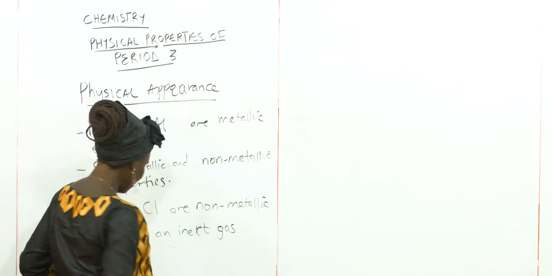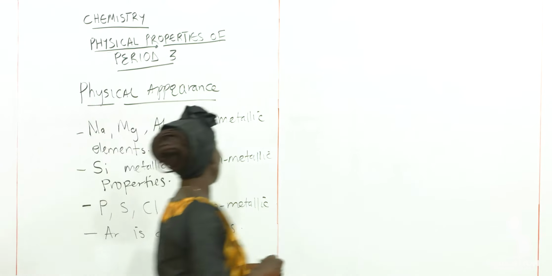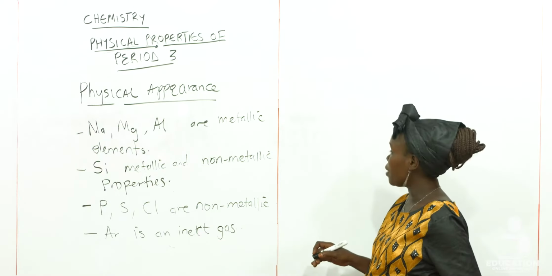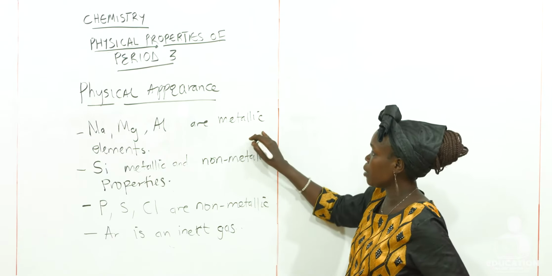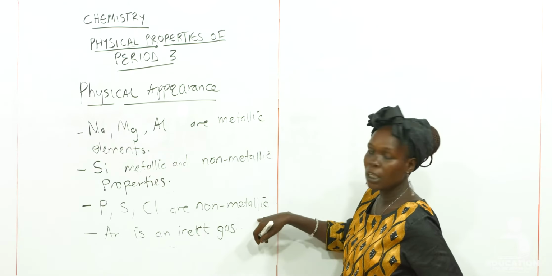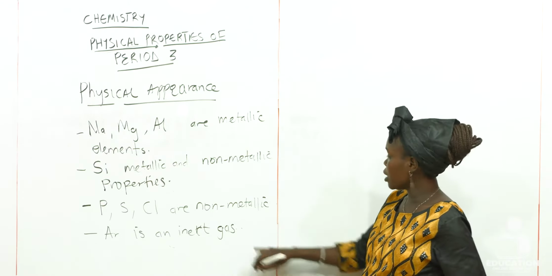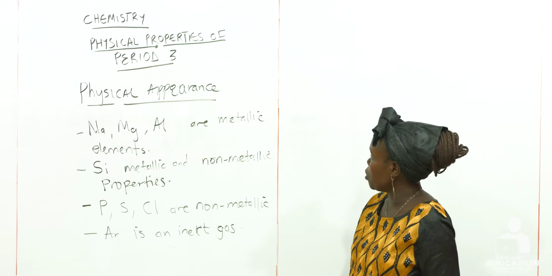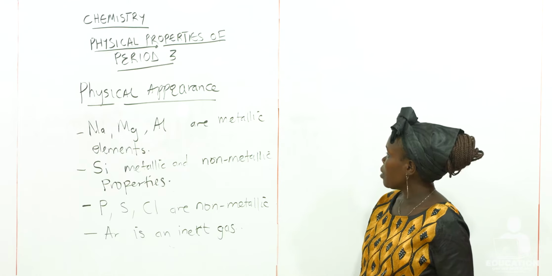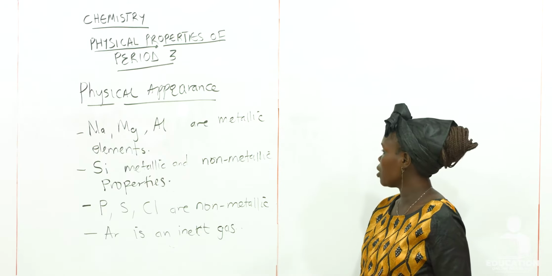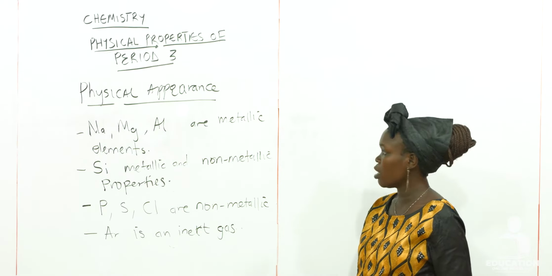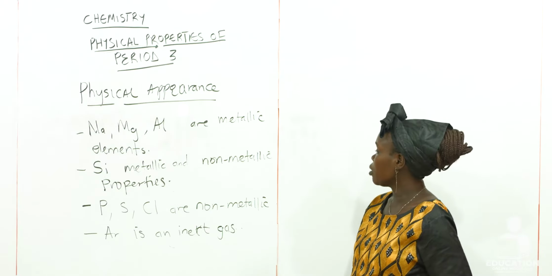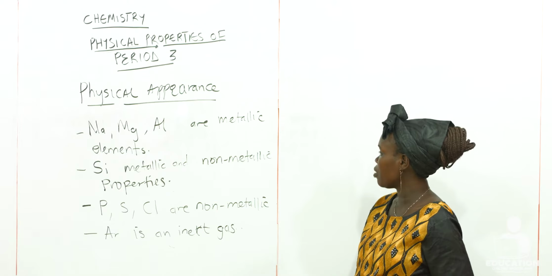These elements are divided among 3 types: the metals, the non-metals, and the inert gases. Sodium, magnesium, and aluminium are metallic elements, and metallic elements usually lose electrons to form a compound. Silicon behaves as both a metal and non-metal.